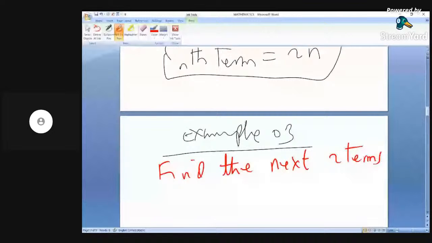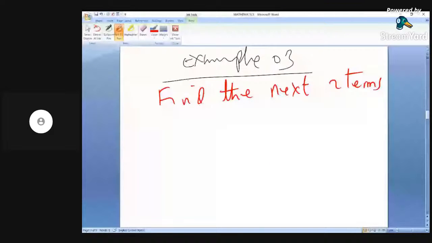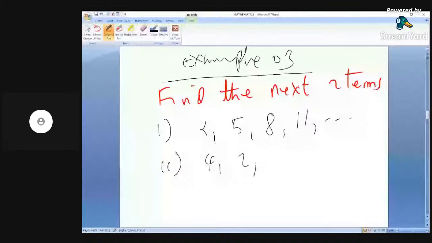For question number 1, you have 2, 5, 8, 11, and it goes like that. The second one is 4, 2, 0, negative 2, and it goes like that.